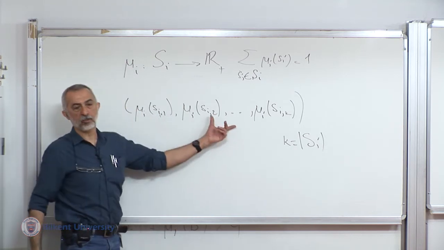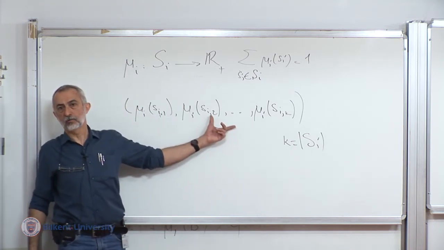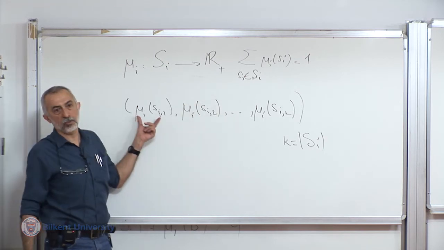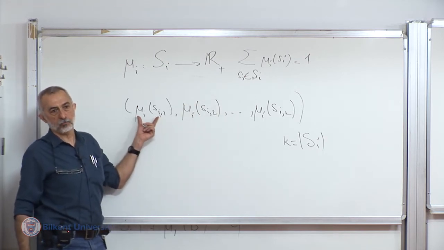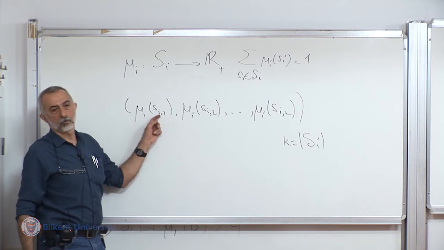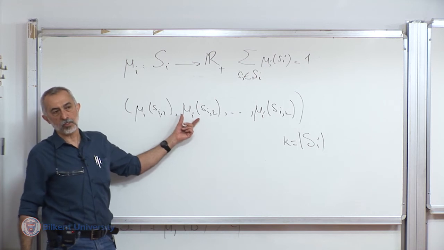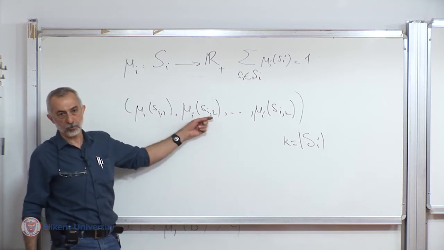So you can think about it as a vector, as a list, where the first component tells at what probability the strategy s_i1 is played, the second component tells us with what probability s_i2 is played, and so on.